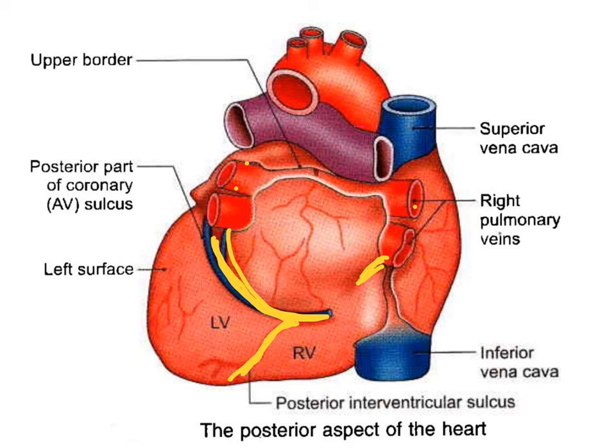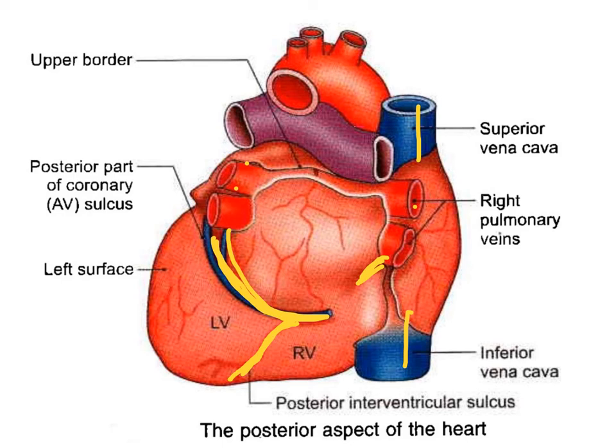And here other openings we can see: the superior vena cava and inferior vena cava into the right atrium, and the pulmonary veins into the left atrium. So these are all the structures we have seen on the posterior aspect of the heart.